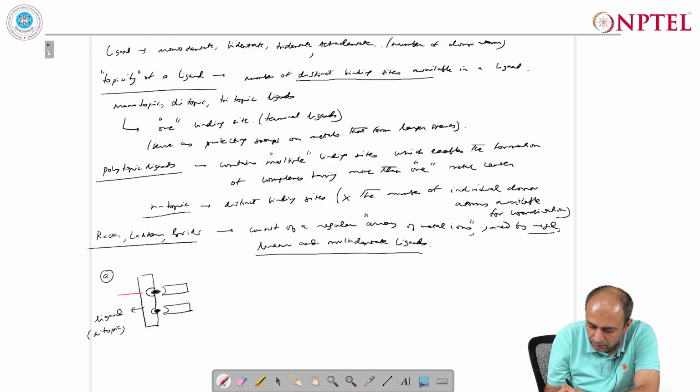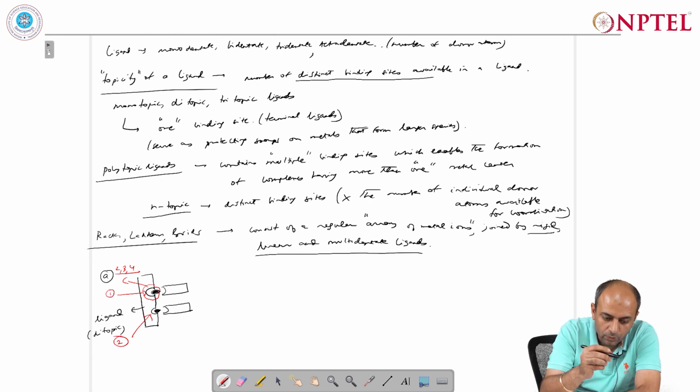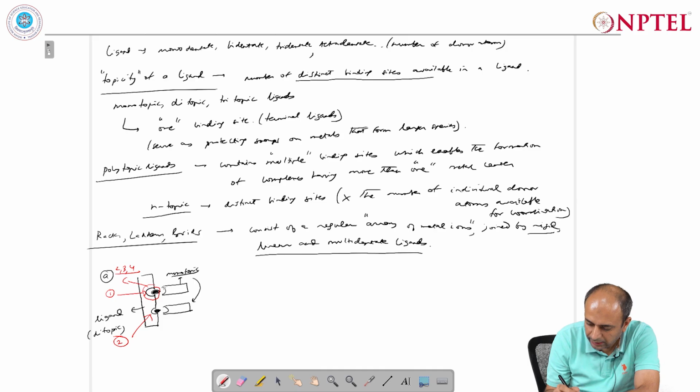Because this is one distinct binding site, this is another distinct binding site. This particular binding site can have different kinds of donor atoms. It can have 2, 3, or 4 donor atoms, or different kinds of donor atoms, but essentially it is a ditopic ligand because it has 2 distinct binding sites labeled 1 and 2. And this is a monotopic ligand. This is also a monotopic ligand. It has 1 binding site.